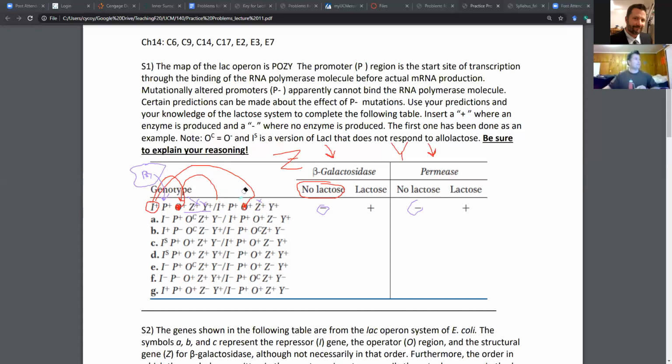Okay, so what happens if we add lactose to the mix? Okay, with lactose present, basically, the inhibitor doesn't bind the same. Lactose competes. There's a lactose binding site on the actual inhibitory protein.